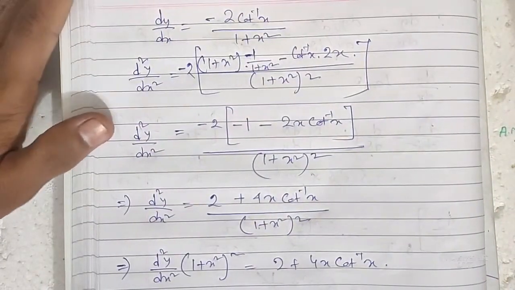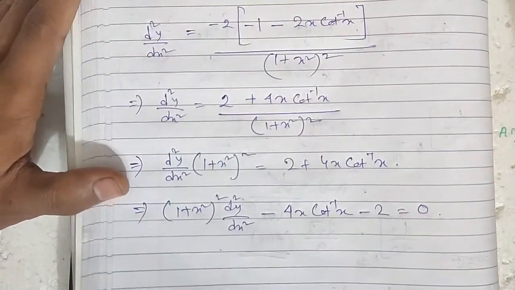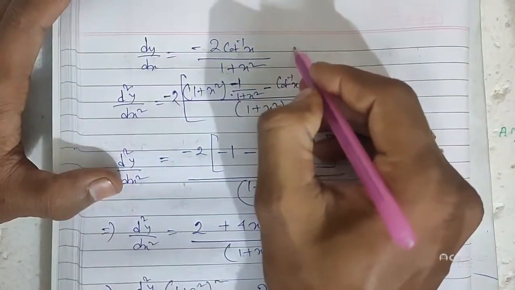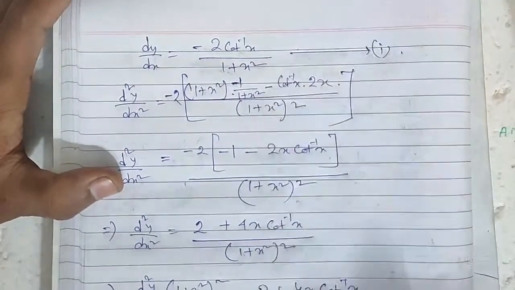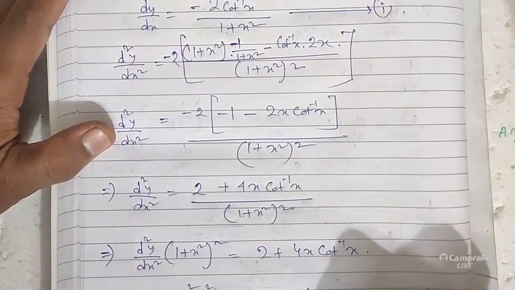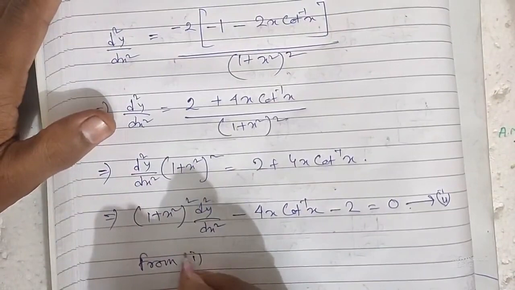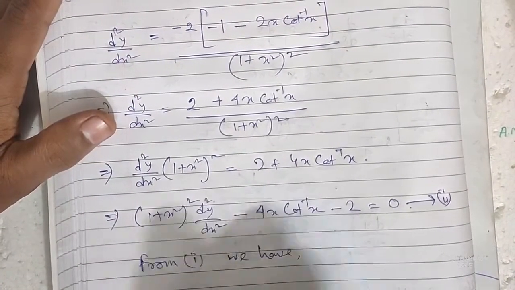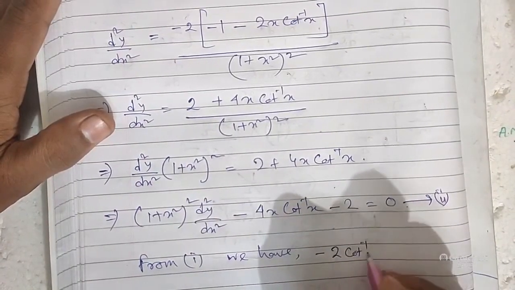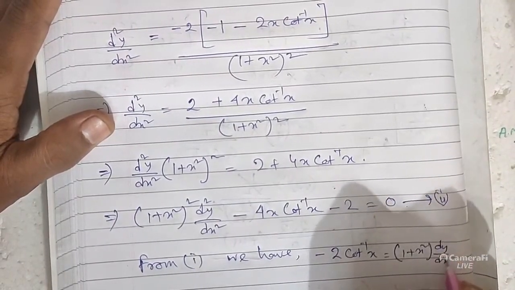So from here what we can write: minus 2 cot inverse x, if I am giving this number 1, and this one number 2, from 1 we have minus 2 cot inverse x equals 1 plus x square into dy by dx.